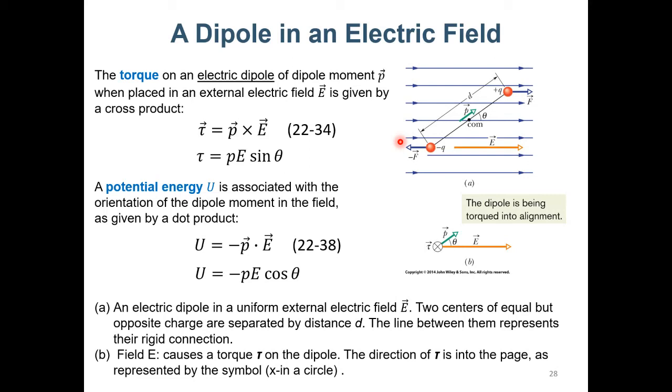It will be a simple harmonic motion, going back and forth. If it is originally stationary at this position, then it will swing something like this.